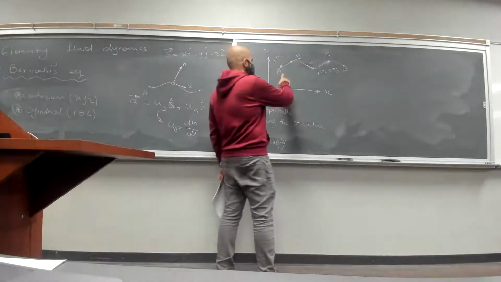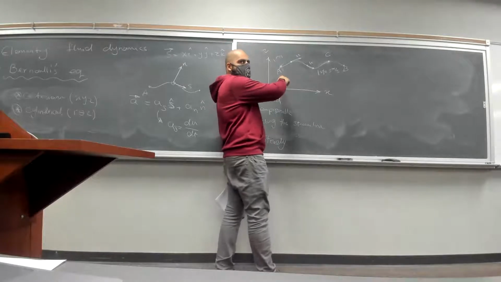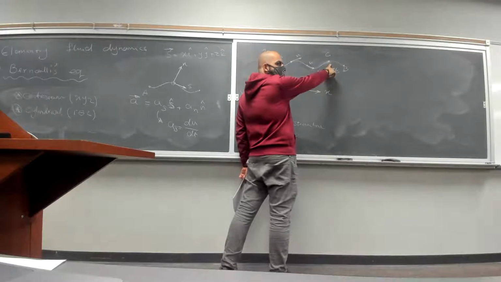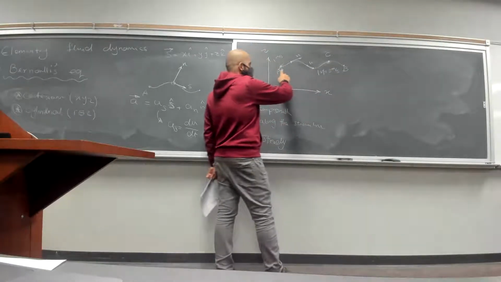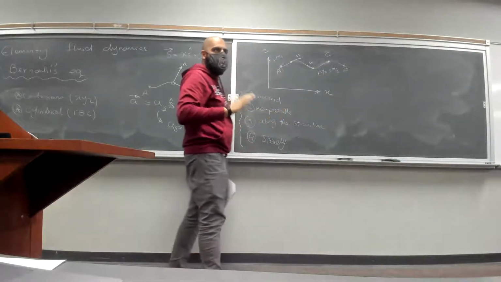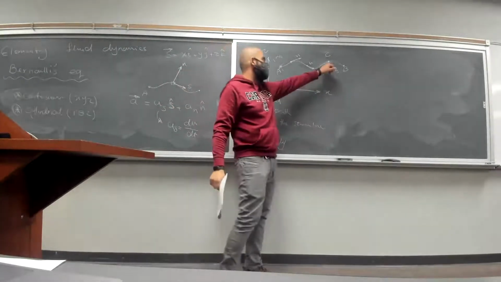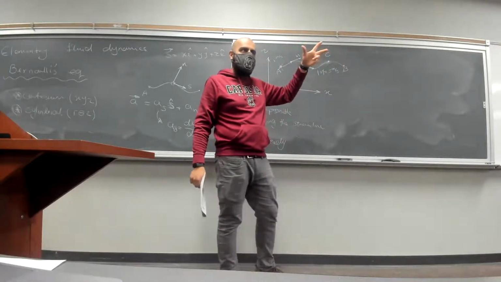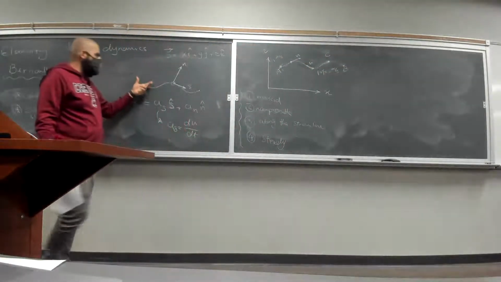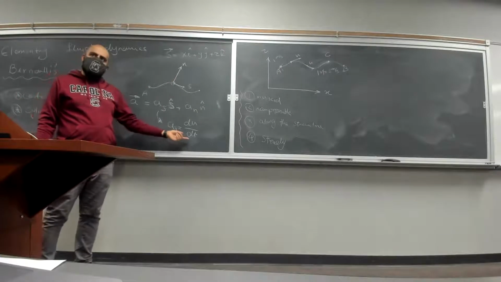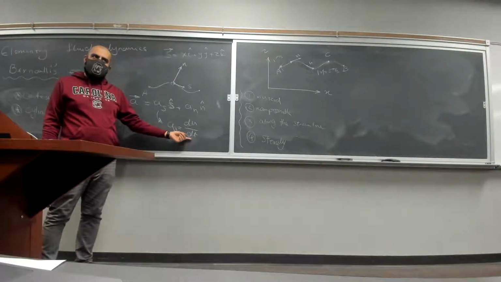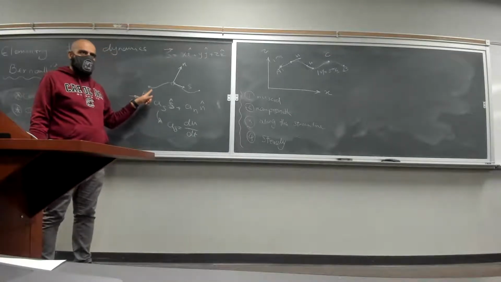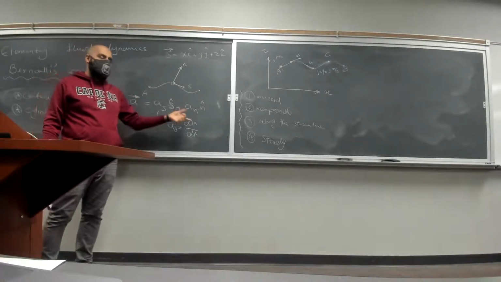So the velocity of a particle that was at point A at a certain time is going to be different because it has moved to point C, right? The velocity at point A has not changed. It's going to stay the same, but the velocity at point C has changed. And if your particle has moved from point A to point C, its velocity has changed. So a velocity of a particle that is moving on a streamline is actually changing with time, right? The velocity of that point has not changed with time, but the velocity of the particle that is moving has changed.